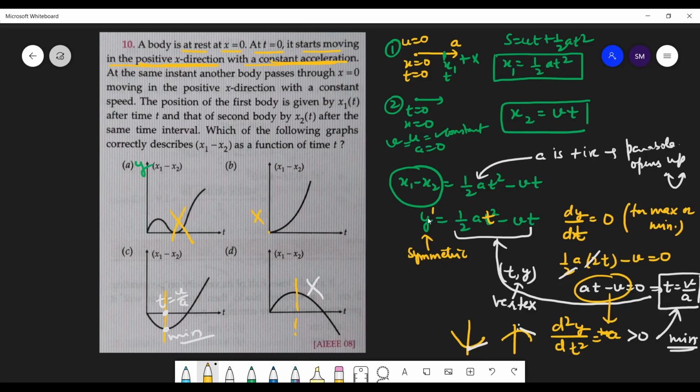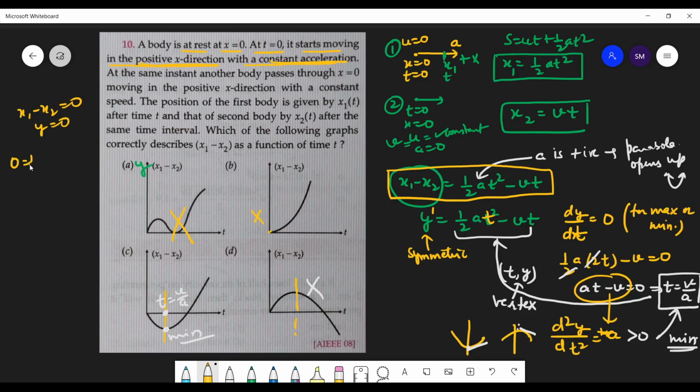If you put y equals to 0, see here this y is equals to 0. What will be your value of t? This equation. Yes. Put y equals to 0. So means x1 minus x2 is equals to 0. That's, we are taking it along y axis, considering it at y.